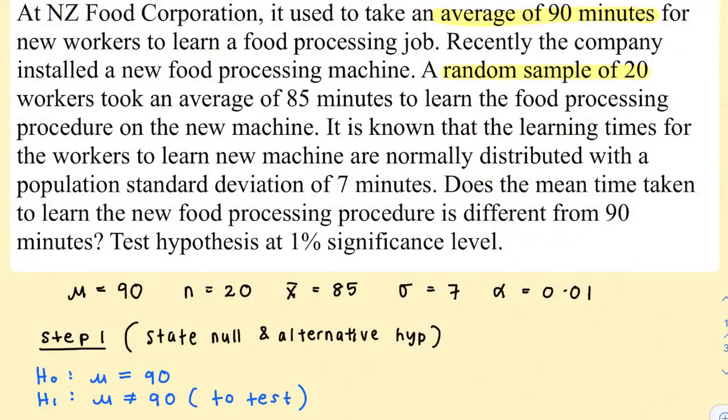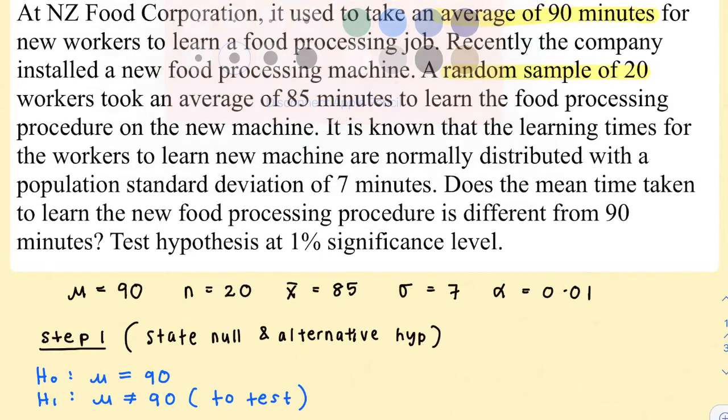You have 5 steps to solve a hypothesis testing question. The first step will be stating the null and alternative hypotheses. Your hypothesis is always mentioning about the question. What is the statement that you want to test? The question asks, is the mean time taken to learn the new food processing procedure different from 90 minutes?